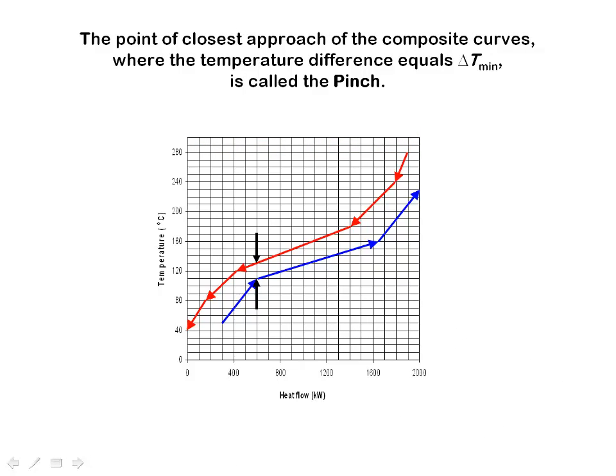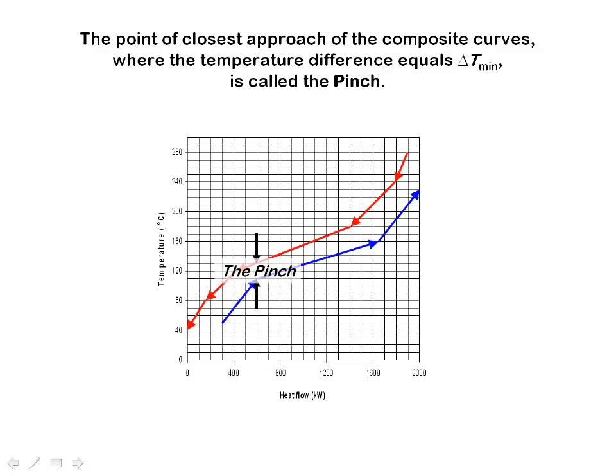Now, the point of closest approach of the composite curves, we've identified previously that we call the temperature difference at this point delta T min, and that's an important choice that the designer has, the choice of delta T min to get the balance between capital cost and energy costs. But the point where delta T min occurs is called the pinch.